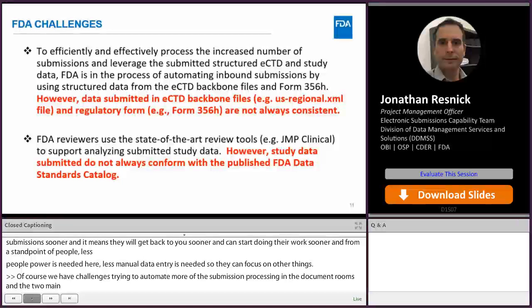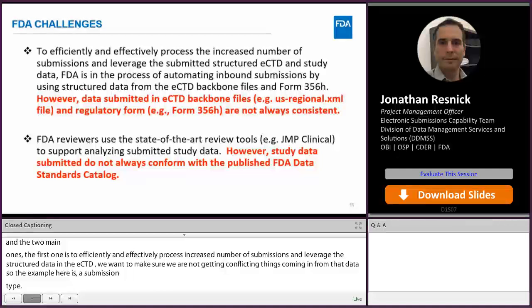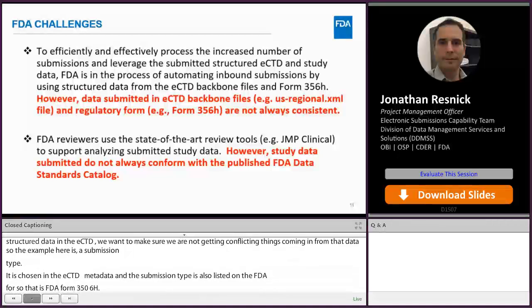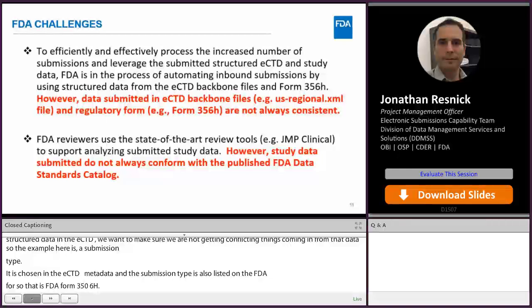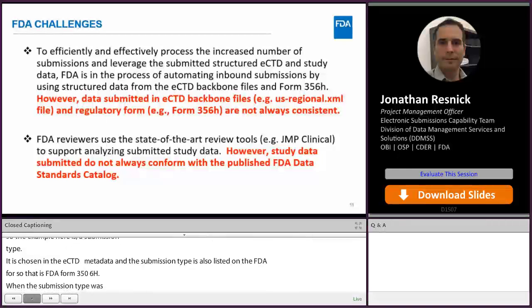So the example here is a submission type is chosen in the eCTD metadata, and the submission type is also listed on the FDA form. For an ANDA, that would be the FDA Form 356H. And so when the submission type listed on the 356H is not aligned with what's chosen in your eCTD software tool, that causes a problem with the automated software. It kicks it out for someone to manually look at, which adds time.